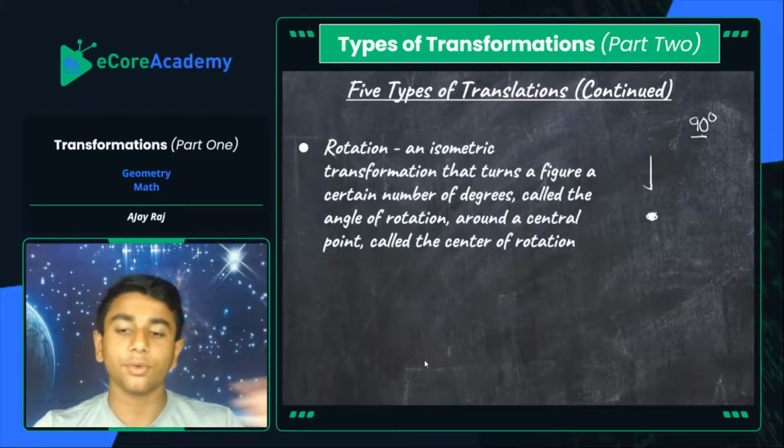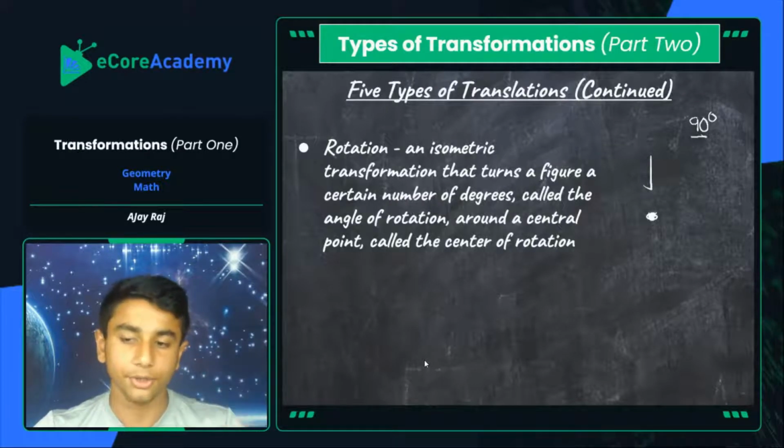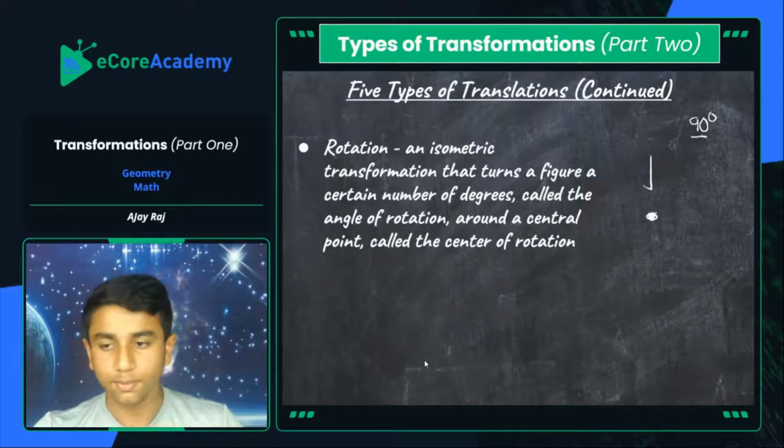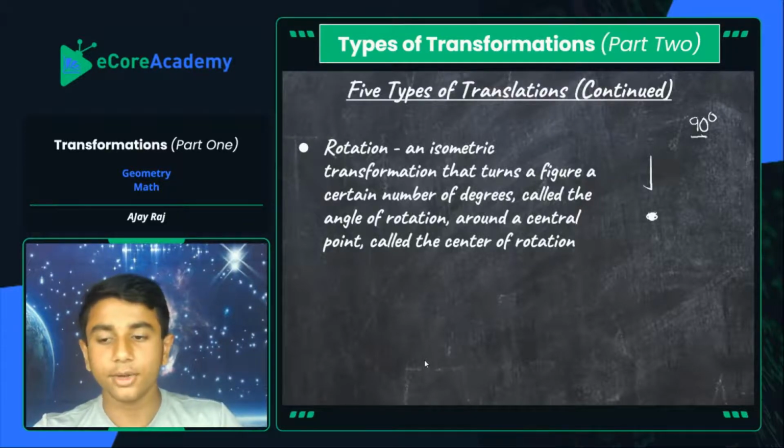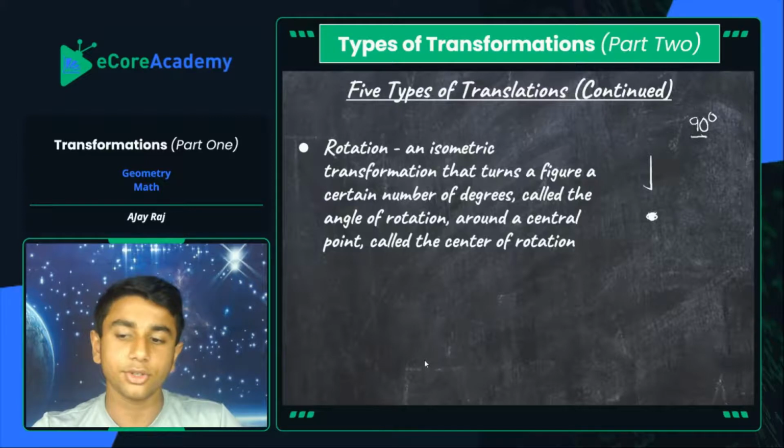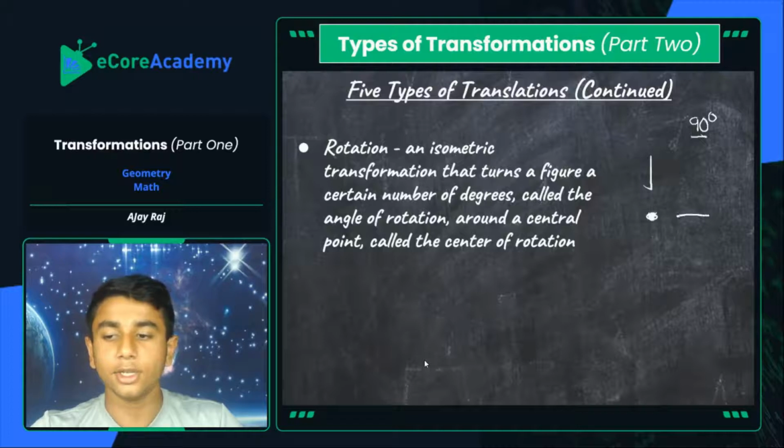But just to get the general concept, I'm going to do it on a regular chalkboard like this. If you rotate a figure 90 degrees, it's 1/4 of the way around an entire circle. So if this is the center of rotation and this is your line, the new line after being rotated 90 degrees will be here, and if you measure that, it'll be 90 degrees.